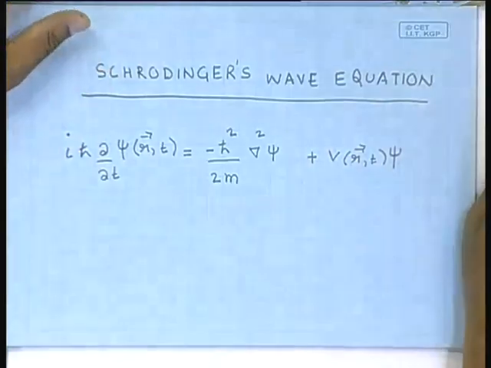So, when I am thinking of a macroscopic particle in the usual classical picture, I would write down the equation of motion for a particle moving in an external potential. Let me just remind you what we are talking about.